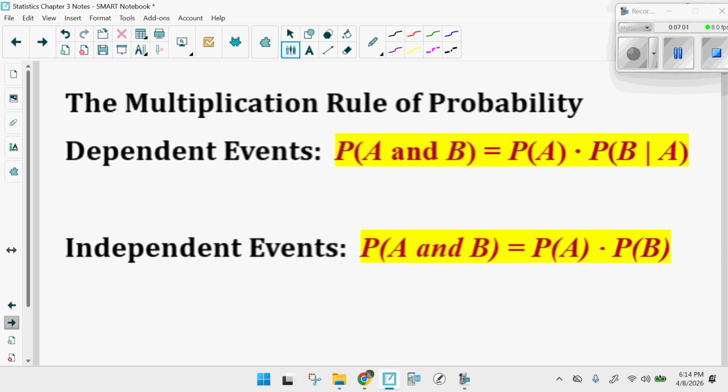So the 2 ways that we can find the probabilities for independent events and dependent events is first finding dependent events, the probability of A and B happening. It's the probability that A is happening times the probability of B given that A has already happened.